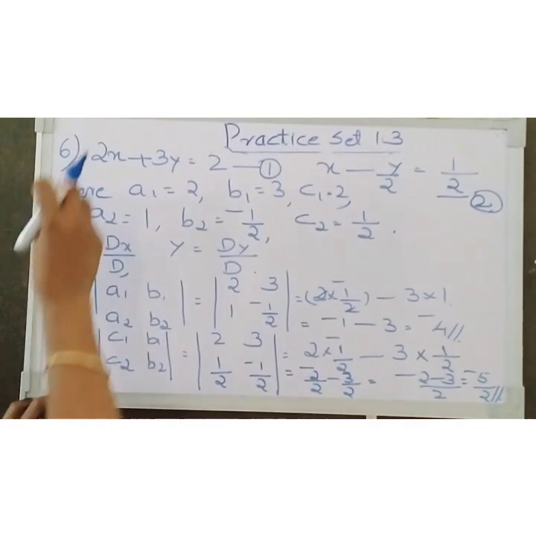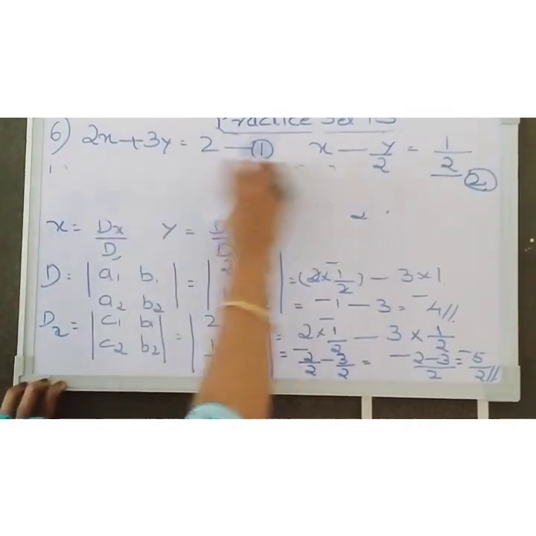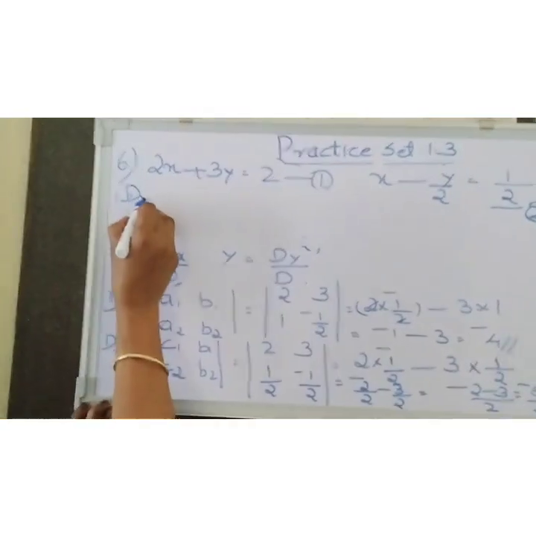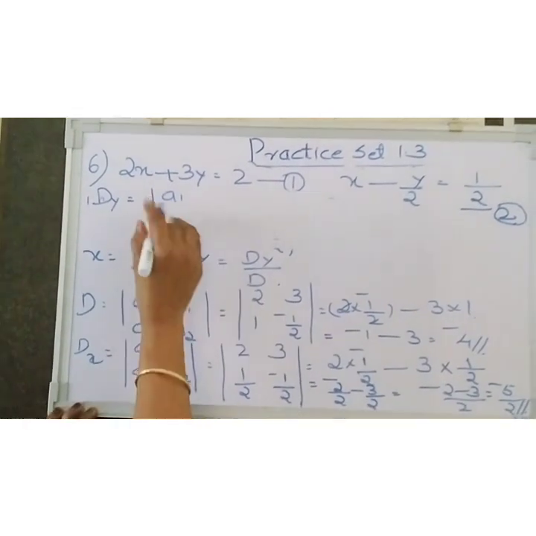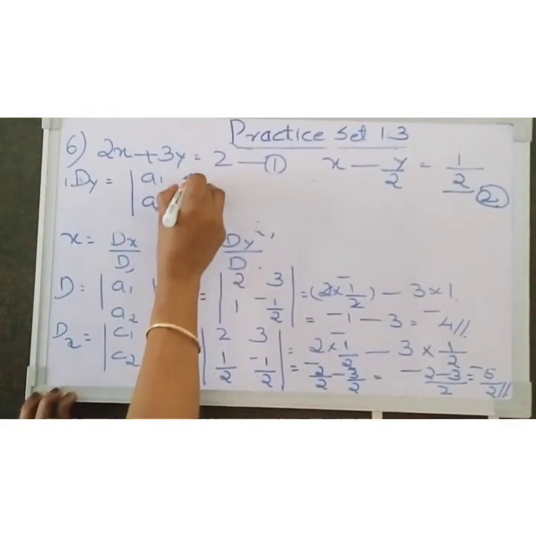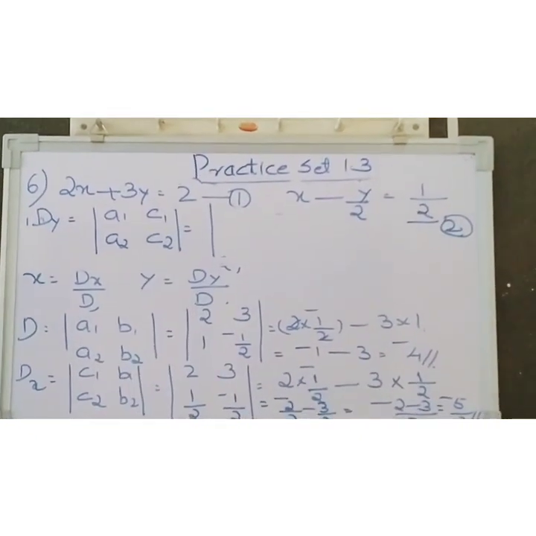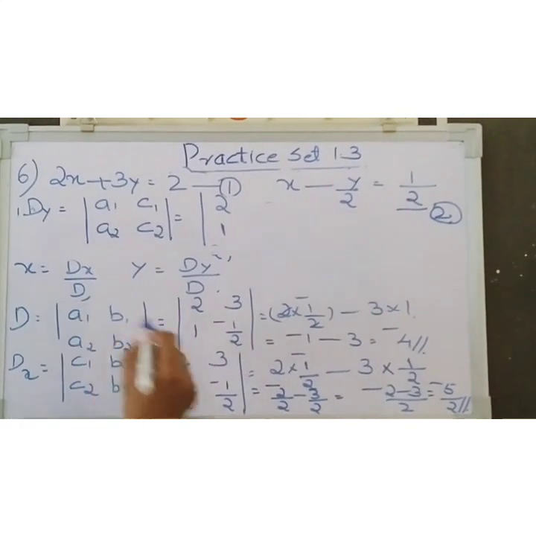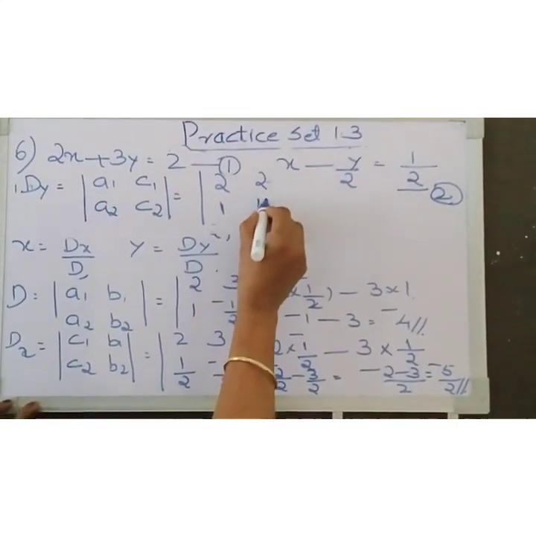And next dy is equal to the determinant of a1, a2, c1, c2, which is the determinant of 2, 1 and c1 c2 is 2, 1 upon 2.